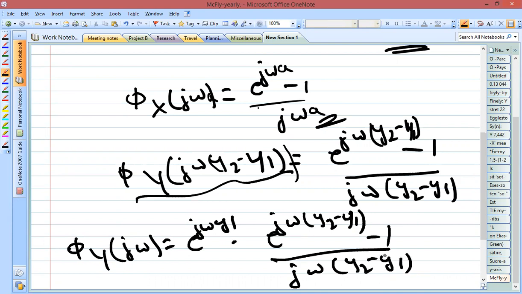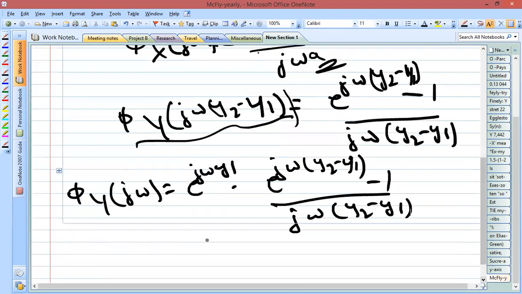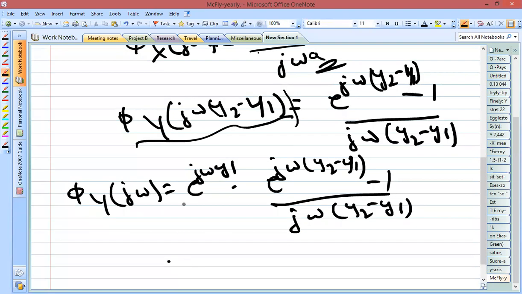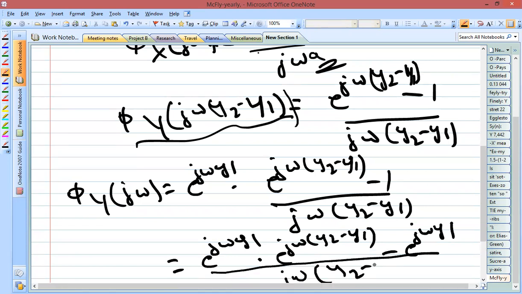Now if you simplify this, we get the answer. You can multiply e to the power j omega y1 into e to the power j omega (y2 minus y1), minus e to the power j omega y1, all divided by j omega (y2 minus y1).